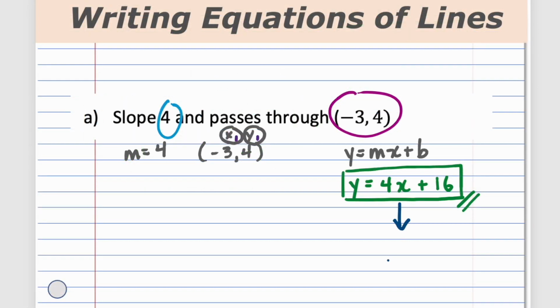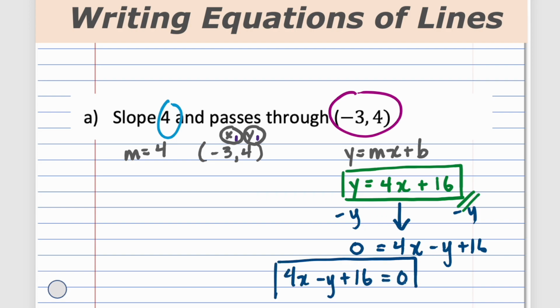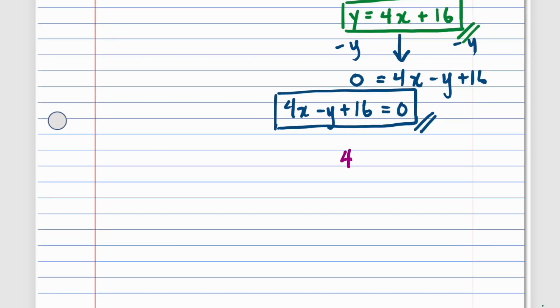We can convert the slope y-intercept form to general form by subtracting y both sides. We have 4x minus y plus 16 is equal to 0. 4x minus y plus 16 equals 0 is the general form. And the standard form would be 4x minus y is equal to, subtract 16 both sides.